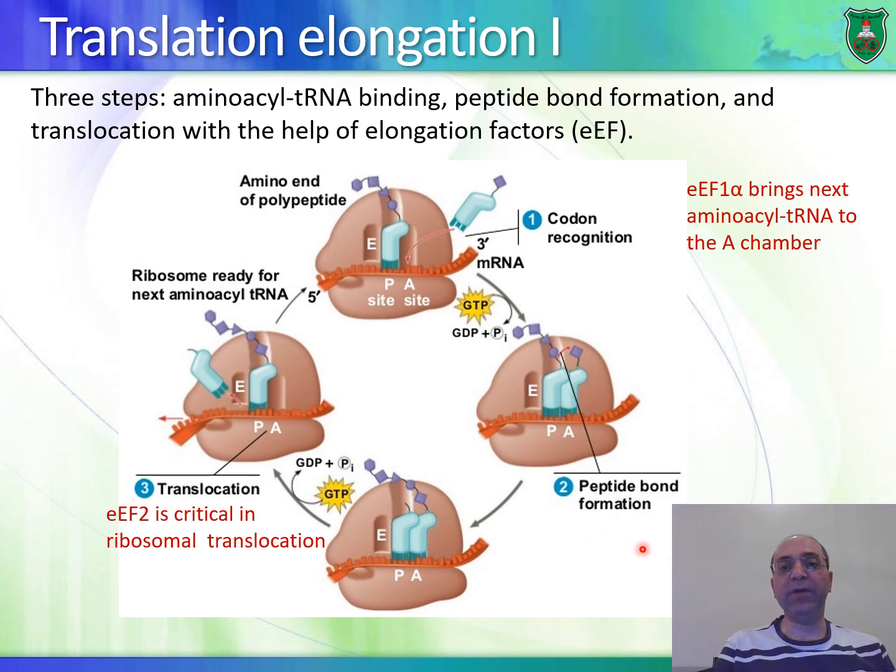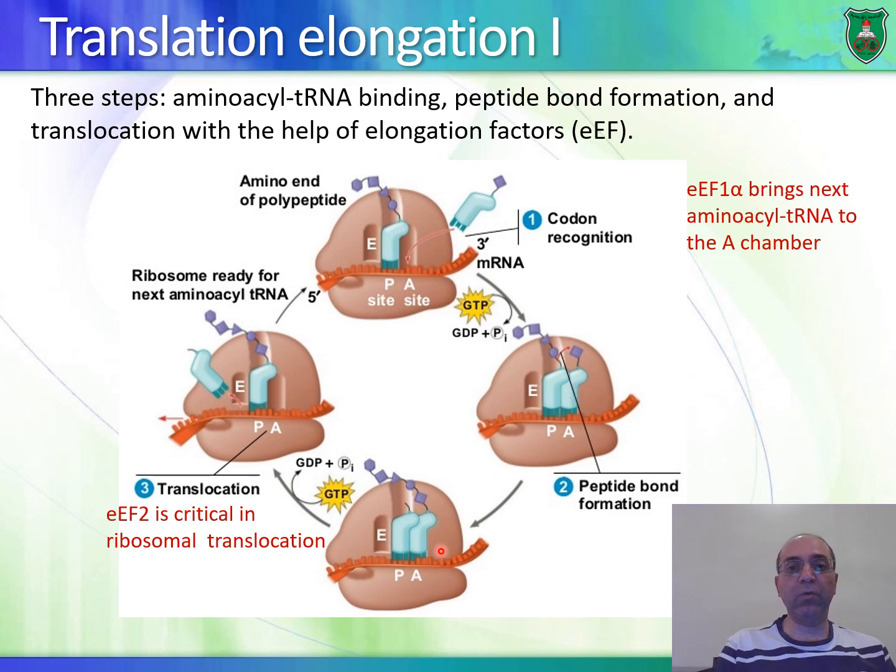Then you have the peptide bond formation, and this peptide bond formation requires ribosomal RNA molecules. What these do is that you have the formation of the peptide bond right here between these two amino acids, and the methionine gets transferred to the amino acid that is on this tRNA molecule.